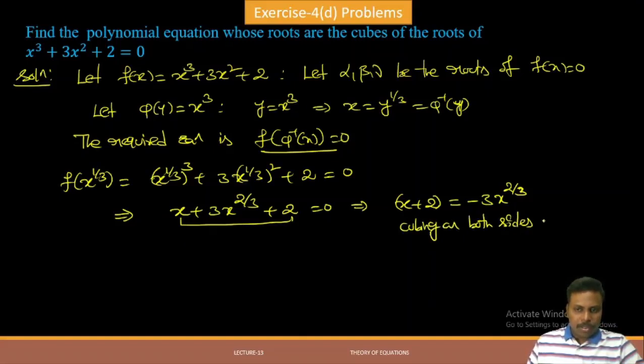Cubing on both sides we get x plus 2 whole cube, that is equal to minus 3 into x to the power 2 by 3, cubed.